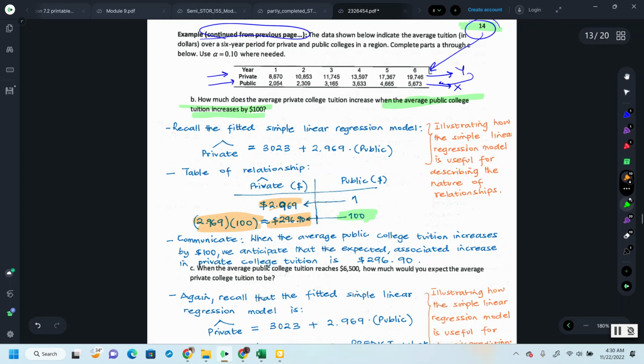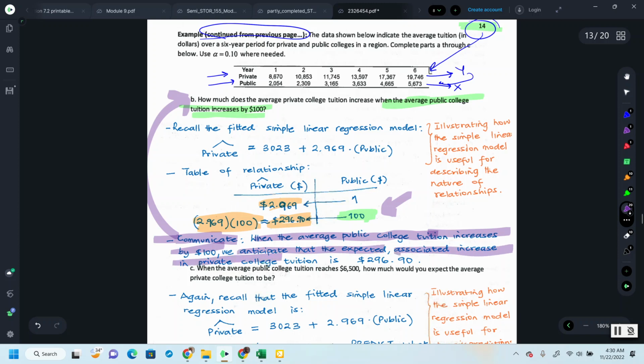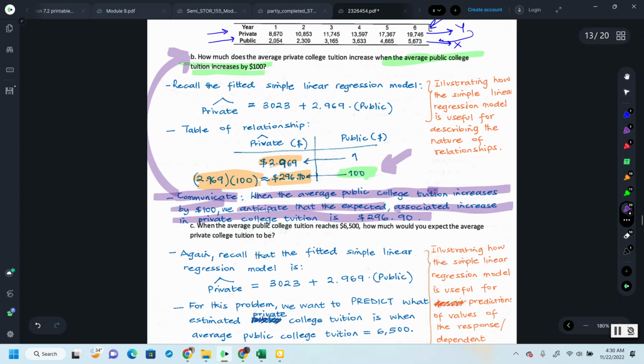When you get your answer, remember to communicate in response to the question. When the public college tuition increases by $100, as we saw here, we anticipate that the expected associated increase in private college tuition is $296.90.